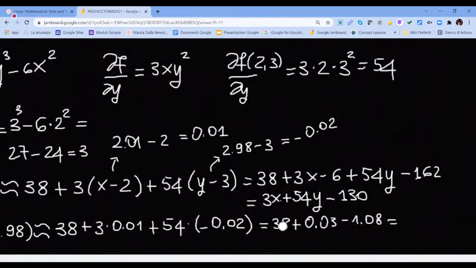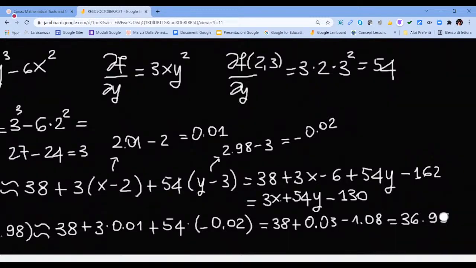So it is very easy to perform this computation. 38 minus 1 is 37, 37 minus 0.08 is 36.92, and this is 36.92 plus 0.03.